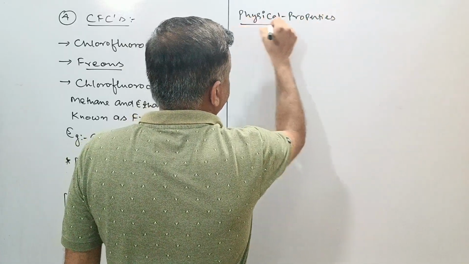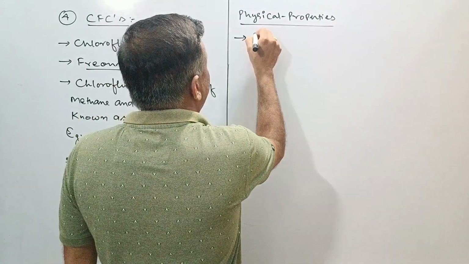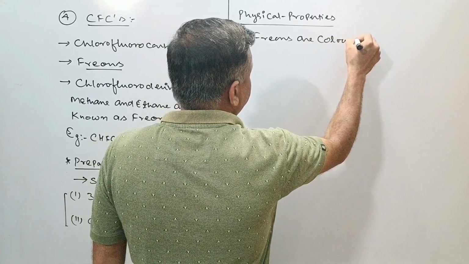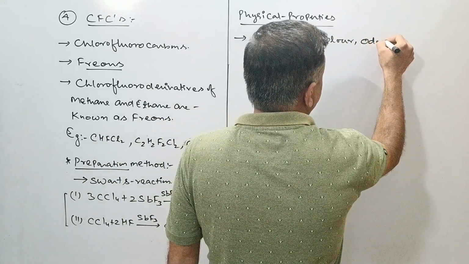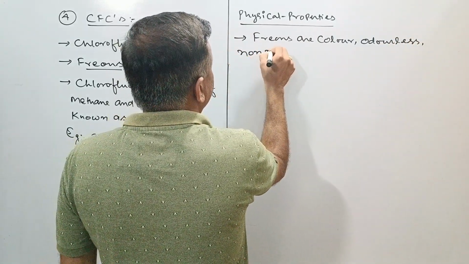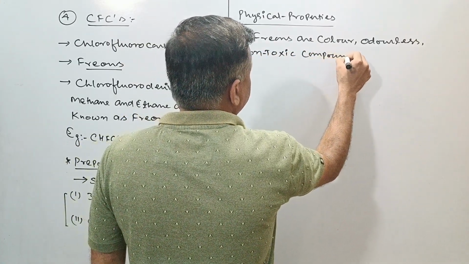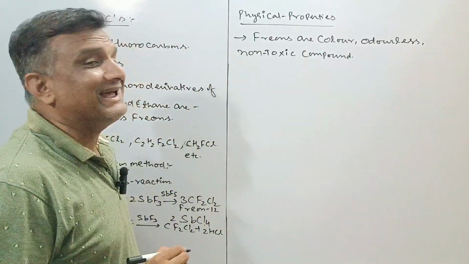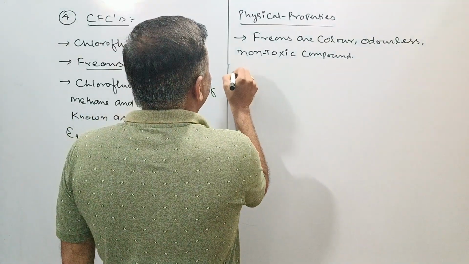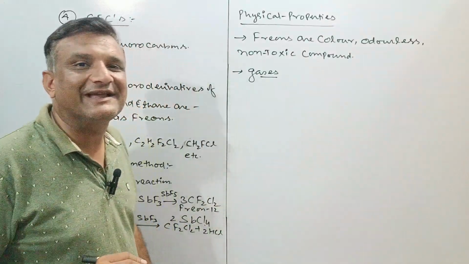If we go with the physical properties of the freons, then we can say freons are colorless, odorless, non-toxic compounds. They do not cause any kind of corrosion, so they are also non-corrosive. These are gases, meaning they exist in the gaseous form.